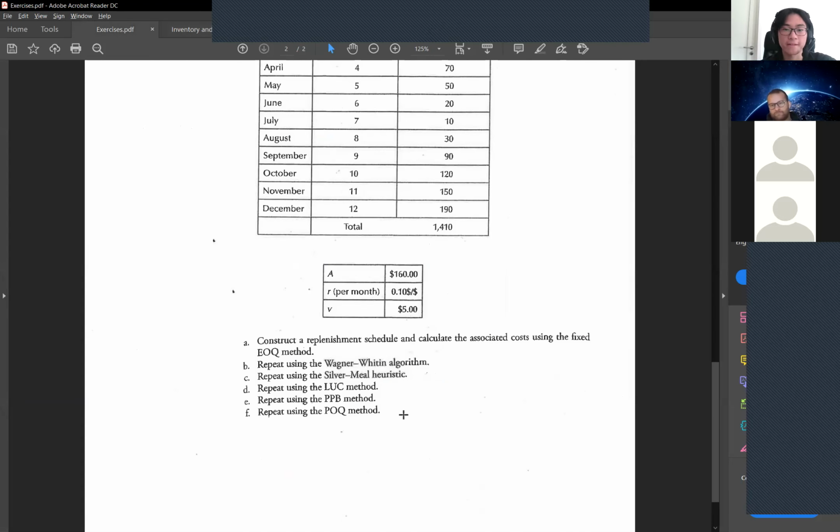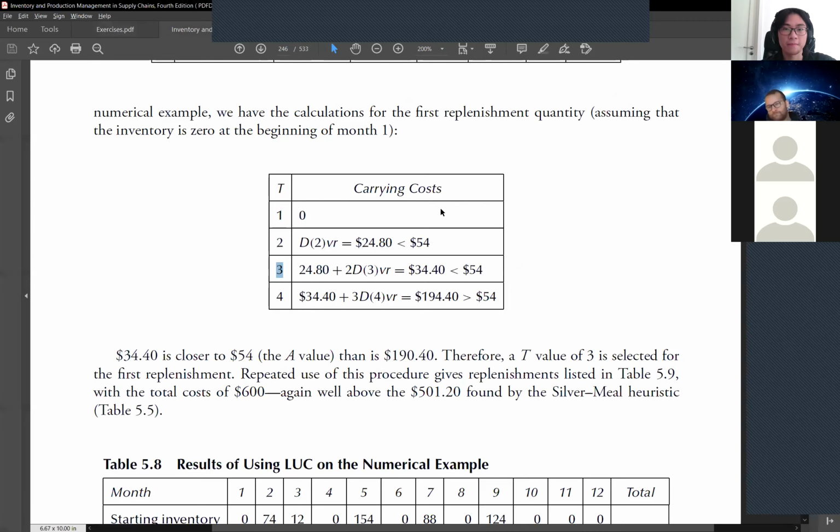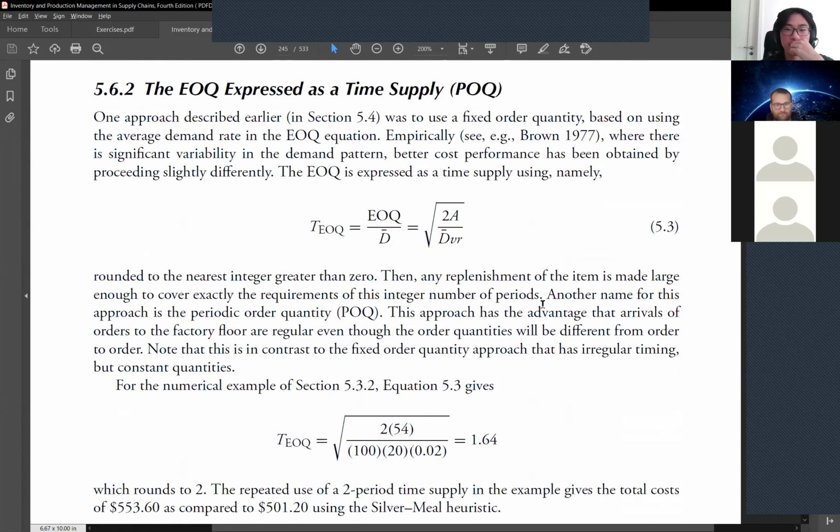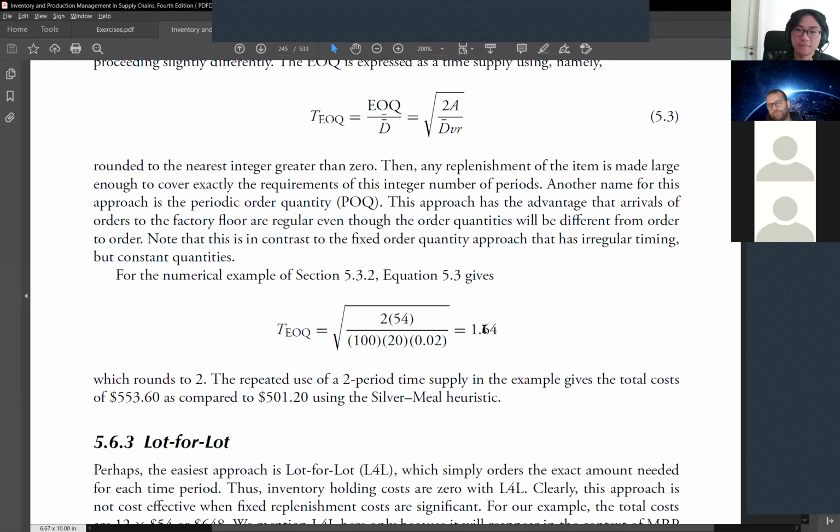The next one is POQ. POQ is explained here, which is basically our EOQ, because we calculate our EOQ, but then we calculate the frequency we're ordering in terms of months, and we need to round it to the nearest integer.